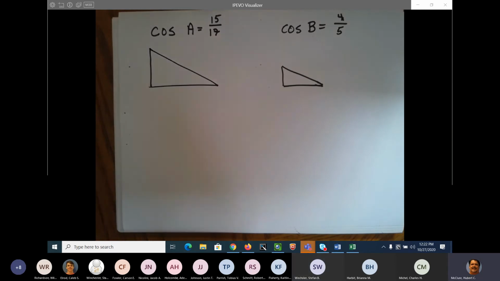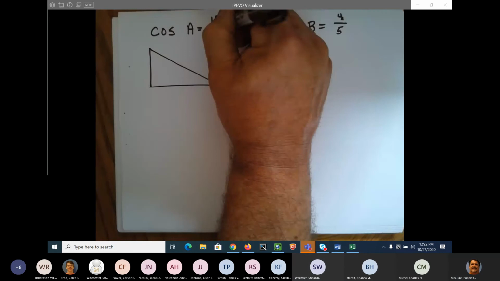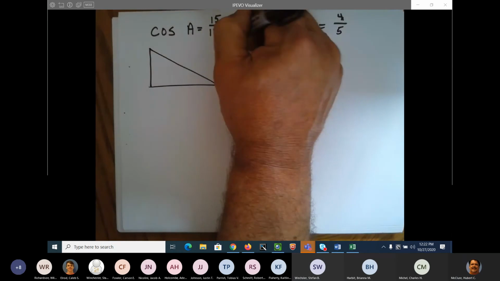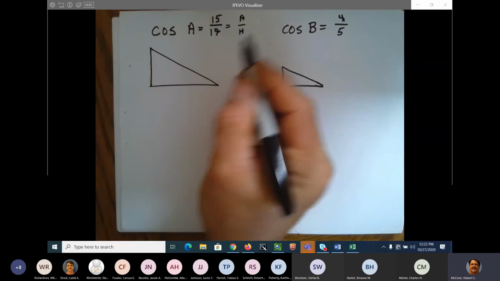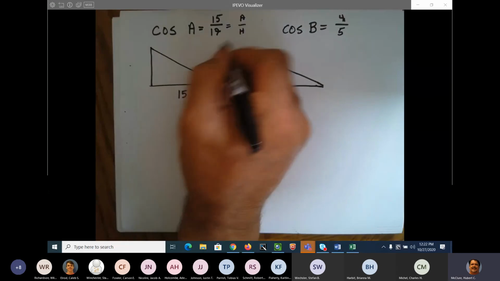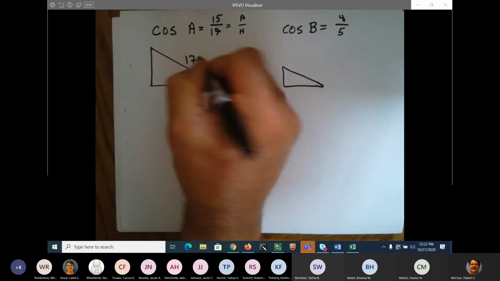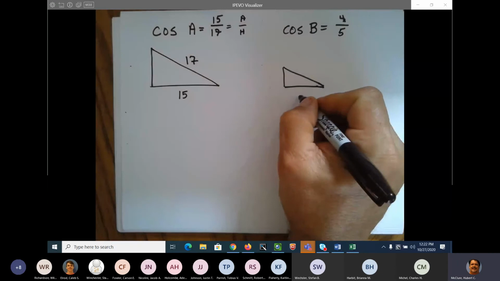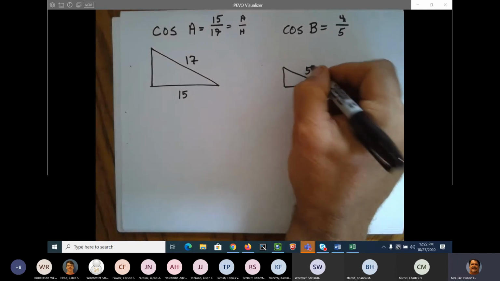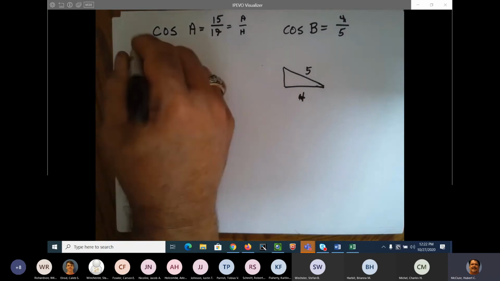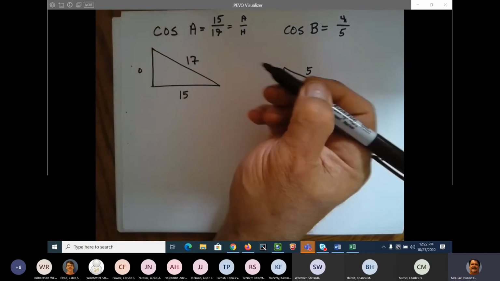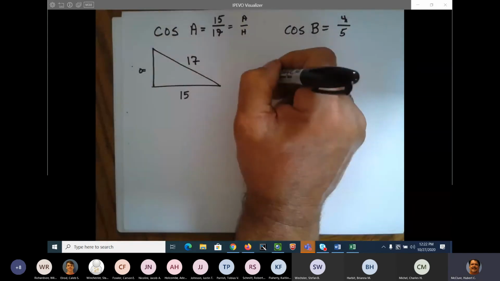Yeah, my bad. So that means our adjacent is 15 and our hypotenuse is 17. Here is 5, and here is 4. So I'm going to call this O and O.